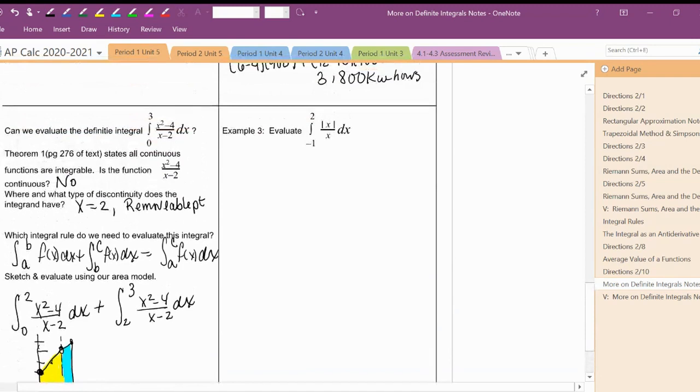Okay, we'll do another one like this. Here we see that we cannot allow x to equal 0. So we are going to integrate from -1 to 0. And then pick back up and go from 0 to 2.